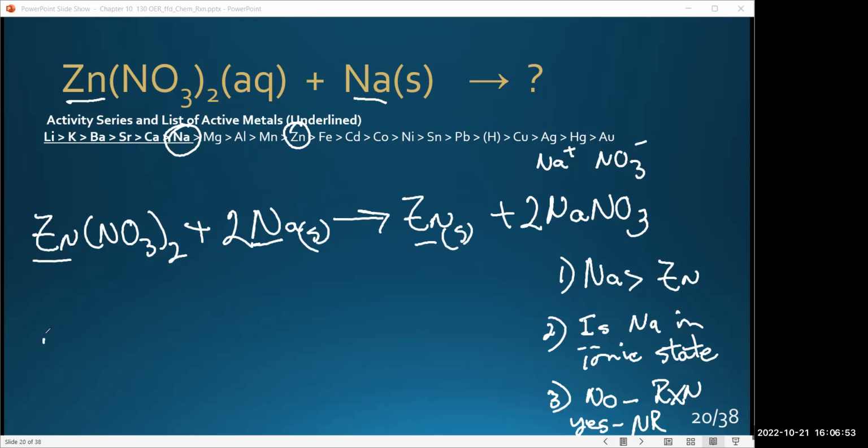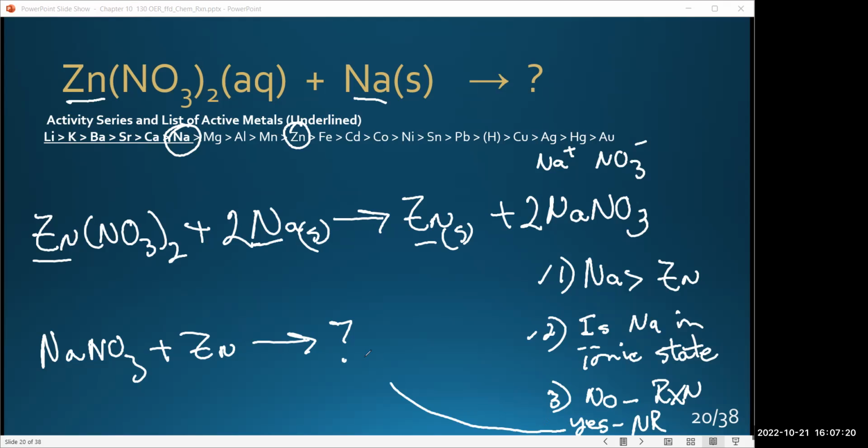If the opposite reaction was given, say you got sodium nitrate plus zinc, and then you're asked, is this reaction going to occur? Well, you go through the same questions. You go through the activity series, you see that sodium is the most reactive metal, that doesn't change. And then you ask the question, is the most reactive metal in ionic state? Here, it's yes.